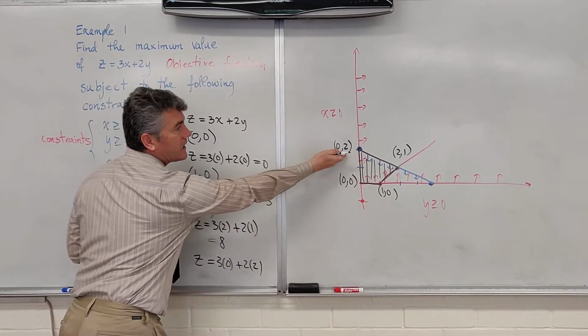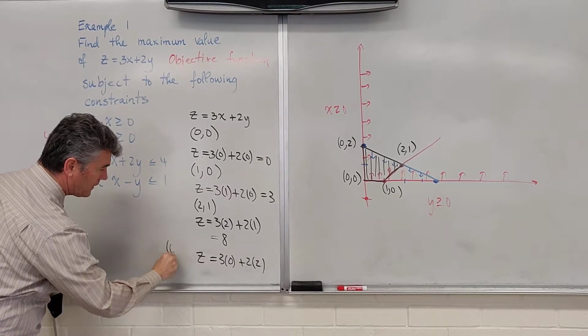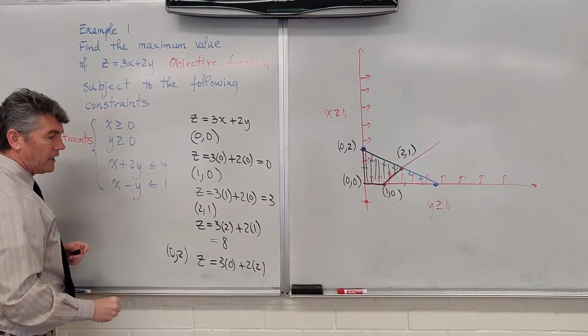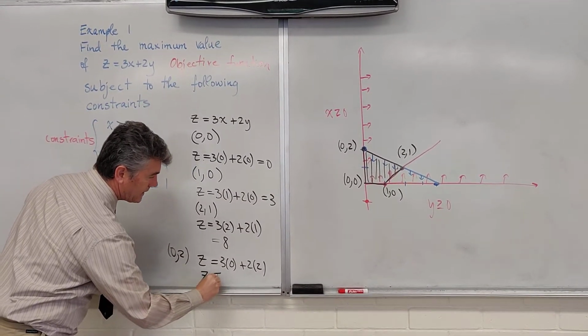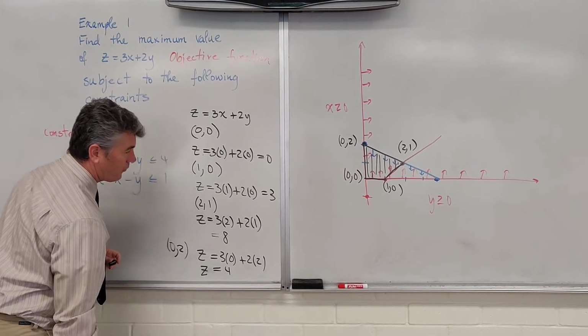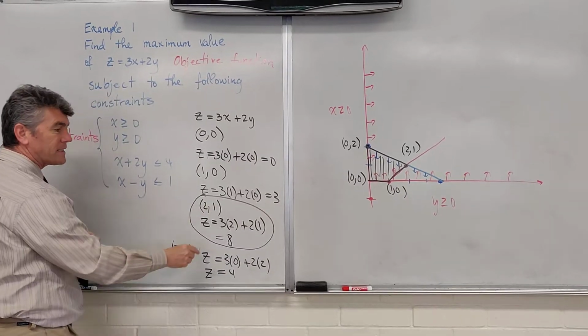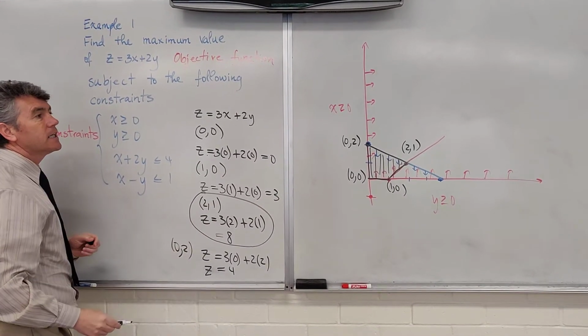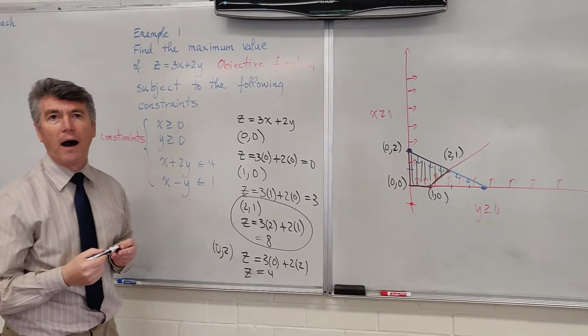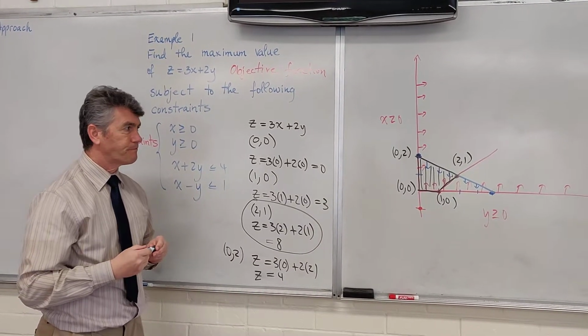I'm checking the y-intercept. I forgot to mention that. And so we get Z is equal to 4. It is clear that the maximum is 8 and it occurs at 2, comma 1.